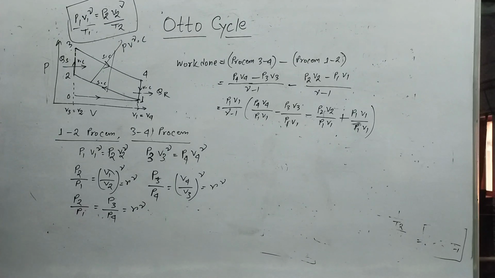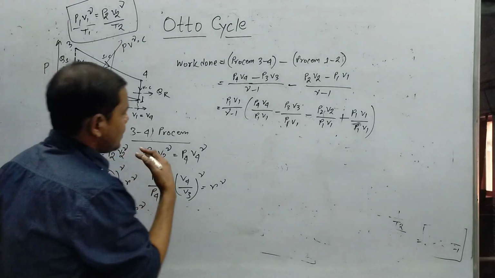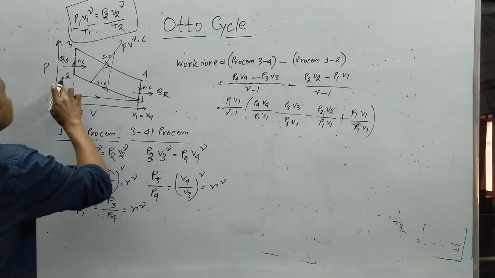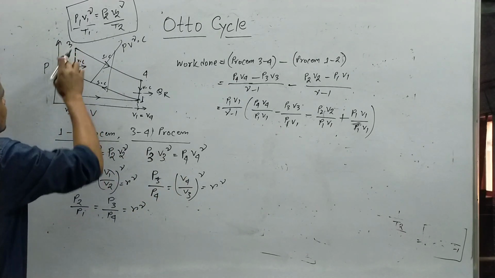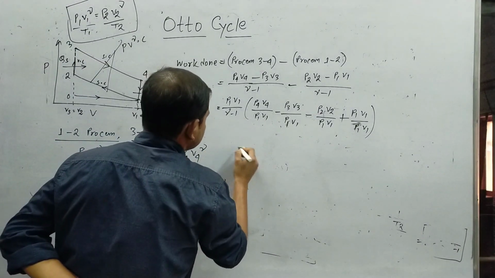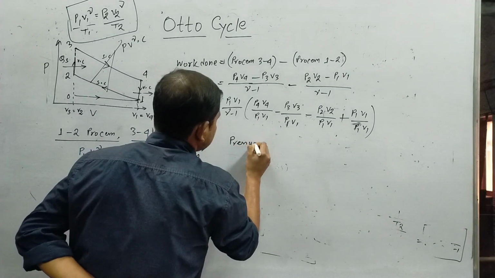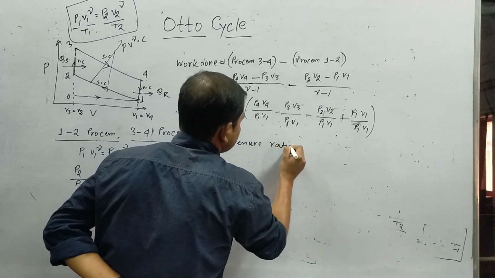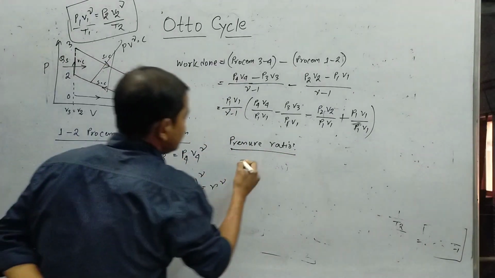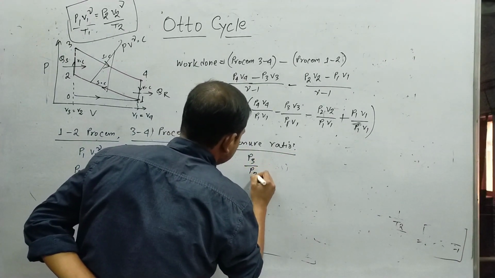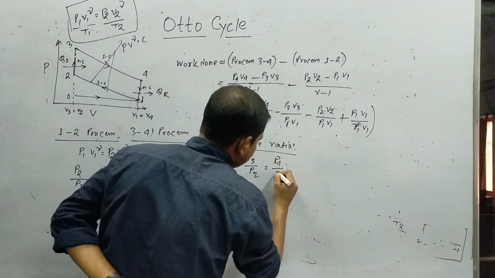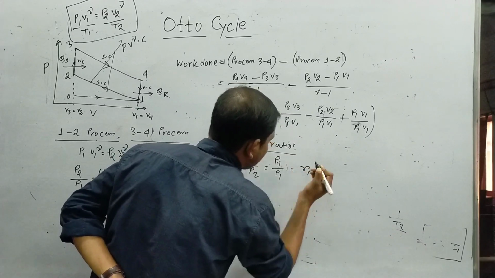On the other hand, if we consider the heat addition process, we will find the pressure ratio. The pressure ratio will be P3 by P2, which is equal to P4 by P1, and let us say this is RP.